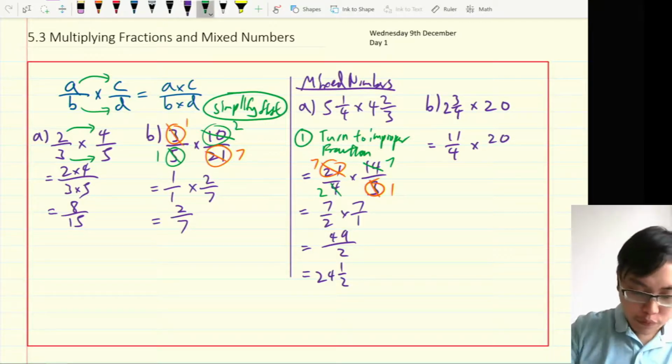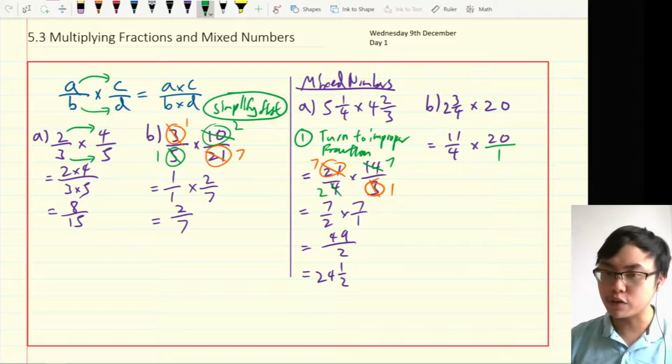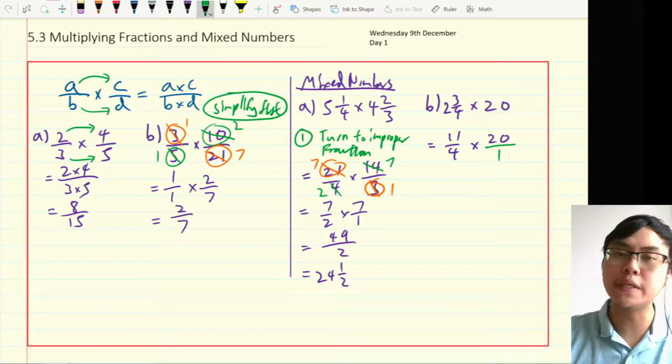Now, what some people would choose to do is write an invisible denominator of 1. Every whole number has an invisible denominator of 1.